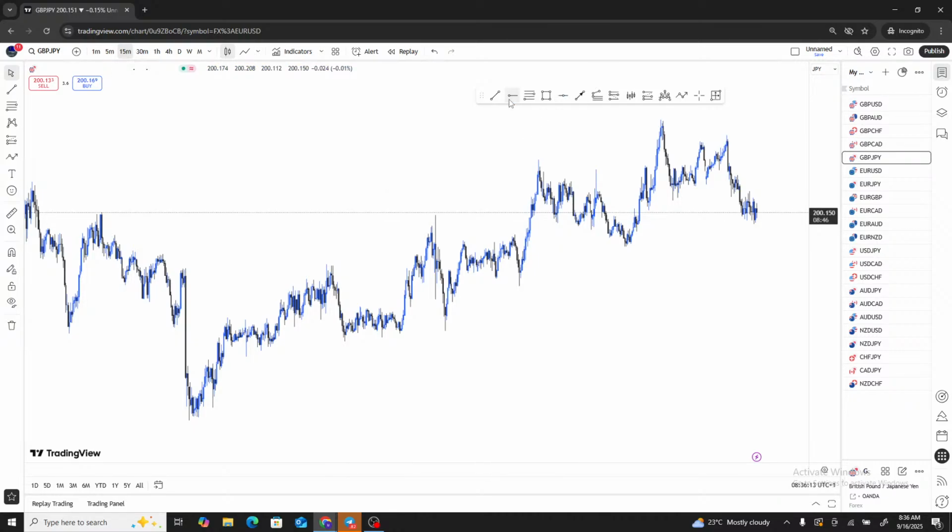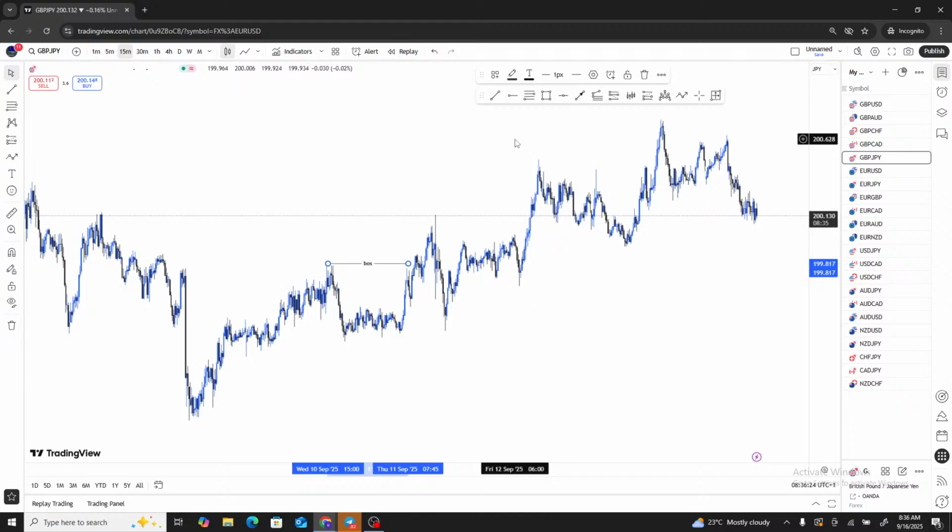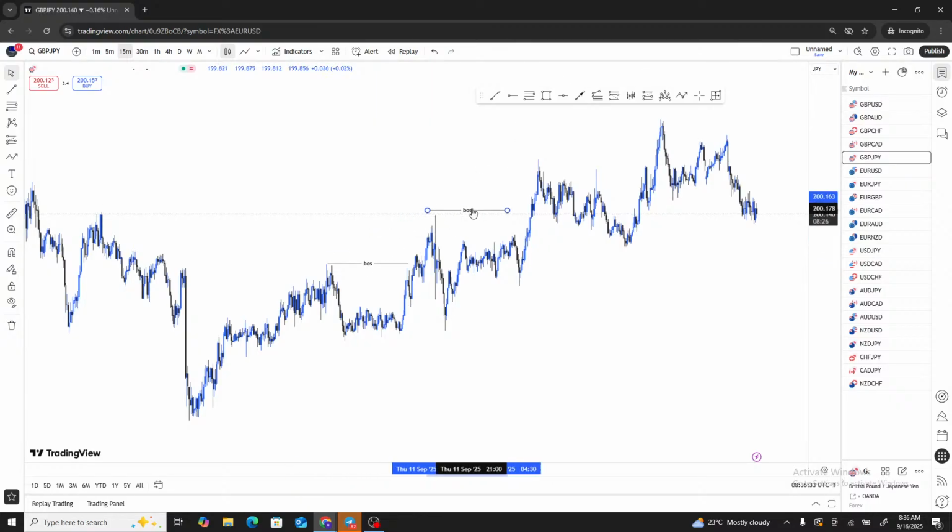You can see price has been breaking all sorts of structures. BOS, BOS. All right. Another break of structure. Another break of structure.